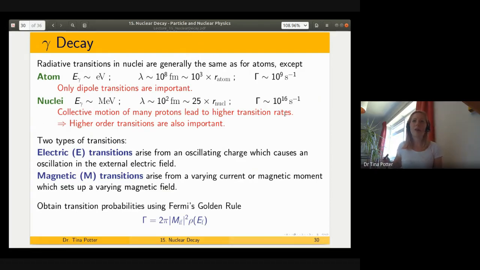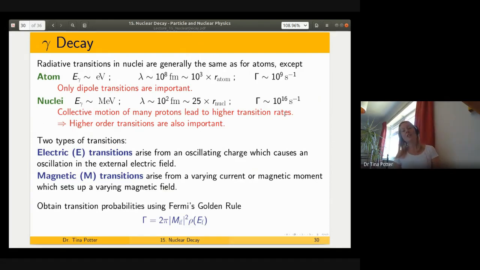But now with nuclei, we are talking about quite complex systems where we don't just have fundamental particles, we have a whole collection of them. We've got protons and neutrons here. And these can lead to higher transition types being more important. So we won't just be looking at dipoles here. Now, there's two main types of transitions that we'll be looking at, the electric transitions and the magnetic transitions.